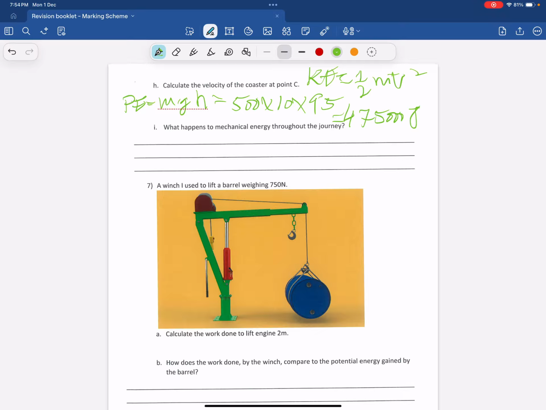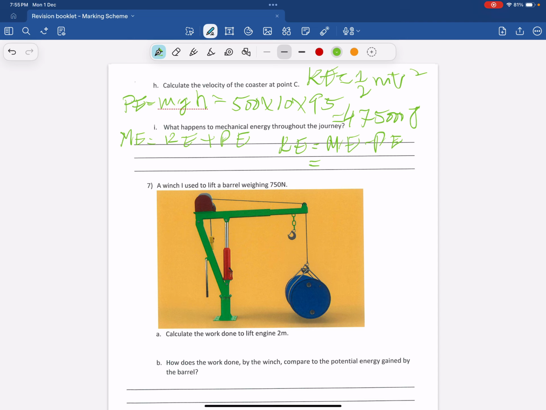I'm looking for my velocity. I know that the mechanical energy is equal to kinetic energy plus potential energy. If I want to find kinetic energy, it will be equal to mechanical energy minus potential energy.